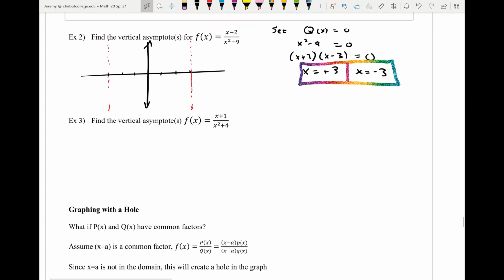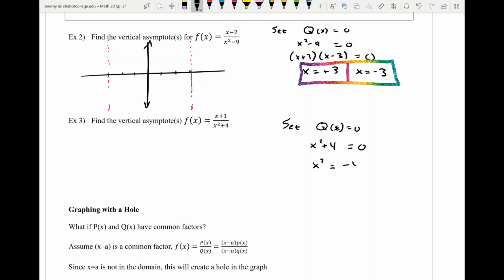And for example 3, we want to do the same thing. For this one, we want to find the vertical asymptotes of x plus 1 over x squared plus 4. So I will set Q of x equal to 0. So Q of x in this case is x squared plus 4. This polynomial, this quadratic, does not factor over the real numbers. I could solve it by taking square roots.